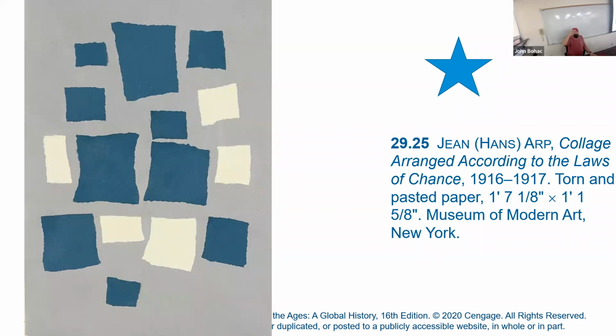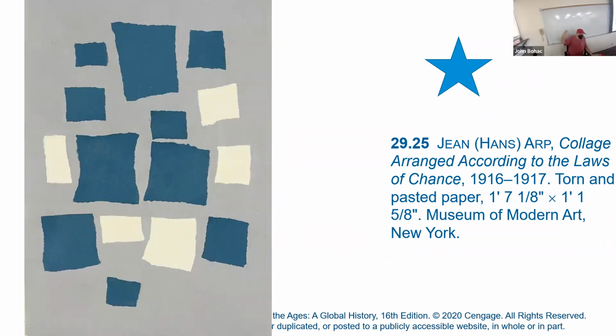That's what that reflects. Collage arranged according to the laws of chance. The laws of chance. What the heck? So I'll tell you how he put this together. He took different colors of paper, gray, white, black. He tore them into little shapes, somewhat like squares, but they're not particularly geometric.